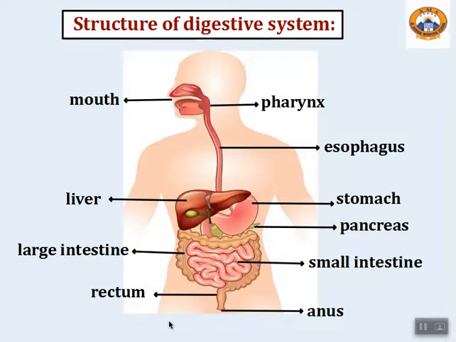The digestive system starts with the mouth. So what is the first organ in the digestive system? It's the mouth. After the mouth comes the pharynx. Here is the pharynx, here, the back of your throat. It's a cavity called pharynx that leads to a long tube or pipe known as the esophagus. The esophagus leads to an organ that looks like a sac, and it's called stomach.